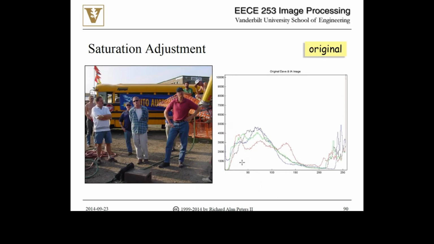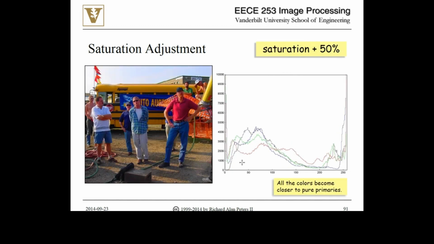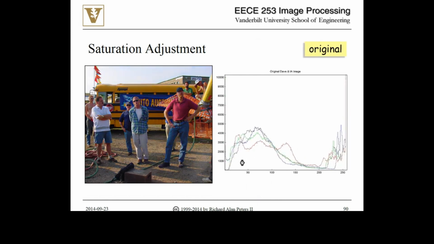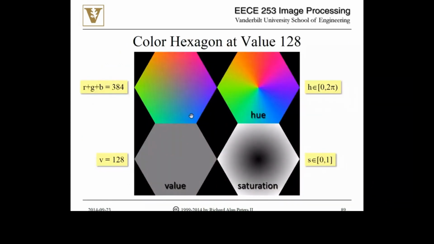Okay, so now I can play with my colors, but in a different way. So this is the original image, the original histogram, but now I can increase the saturation. So now I can take any saturation value. For every color, you can compute the hue, saturation, and value, and you can do a point process, but now on the saturation.